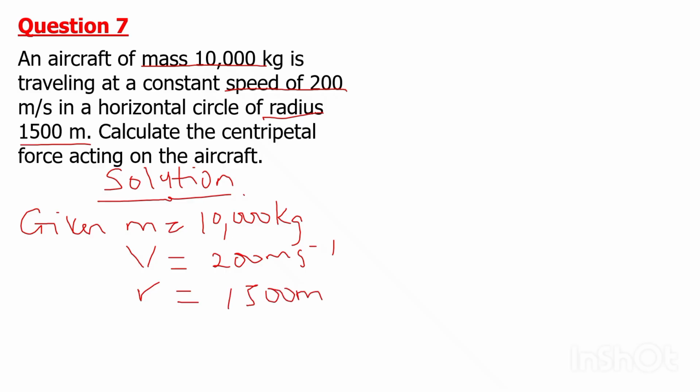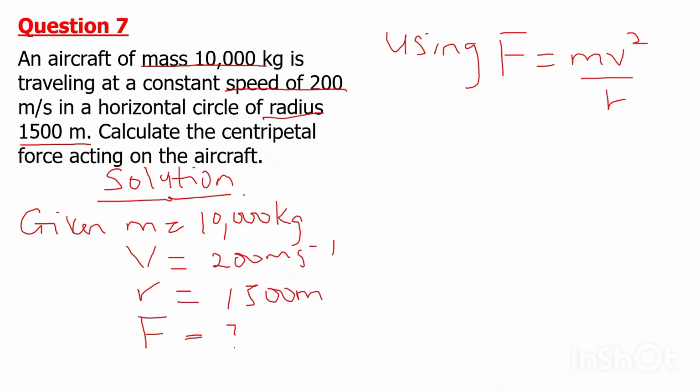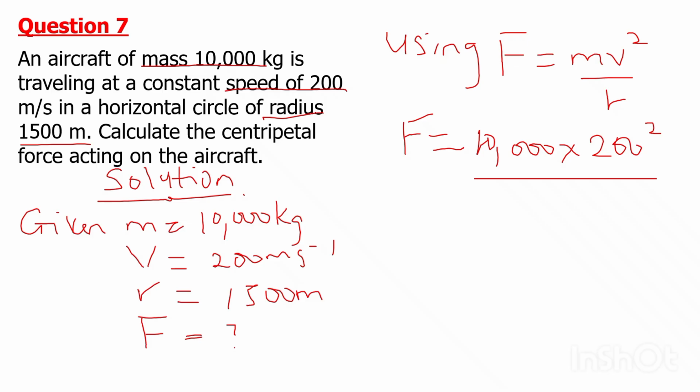Calculate the centripetal force F. So, which formula are we going to use? F is equal to mv squared over r. Good. So F will be mass, velocity is 200 squared. Then you carefully put in everything.